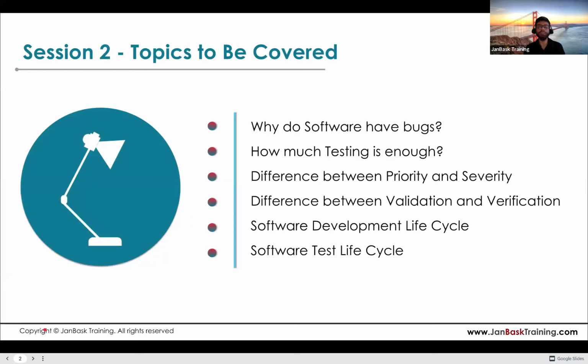Yeah, so that is the difference between the error, the defect or bug, and the failure. From next time onwards, whenever you see that this is an error, you should remember that there might be a probability that this is happening during the development phase.